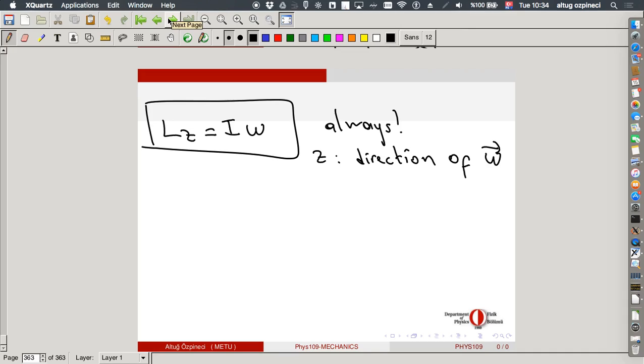But the angular momentum of that object is conserved because there is no torque acting on it. If there is no torque, there's no change in the angular momentum. So for that object, the angular momentum is not in the direction of the angular velocity. But in the simple cases that we will consider, it always will be.